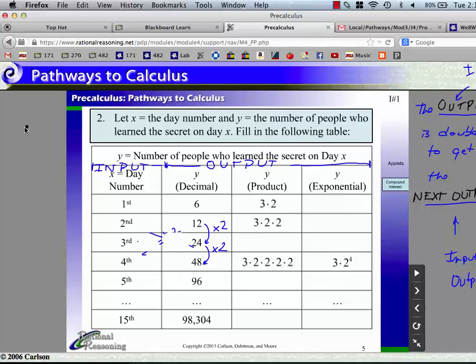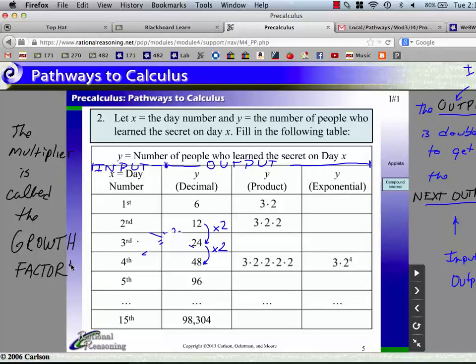The multiplier is called the growth factor. So what is exponential growth all about? It's about multiplication on the output by the growth factor to get the next output. And that growth factor, within a given relationship, stays the same. In this case, always times 2.